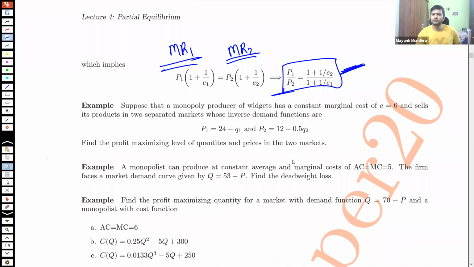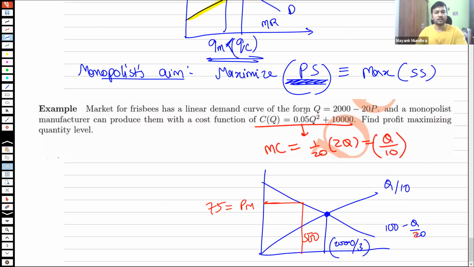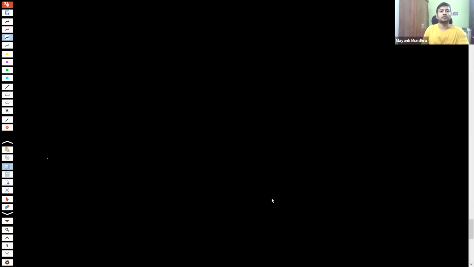So let's do this numerical problem. Price is 24 minus Q in market 1. Price is 24 minus Q by 2 in market 2. Marginal cost is 6, right? So let me add this page here.